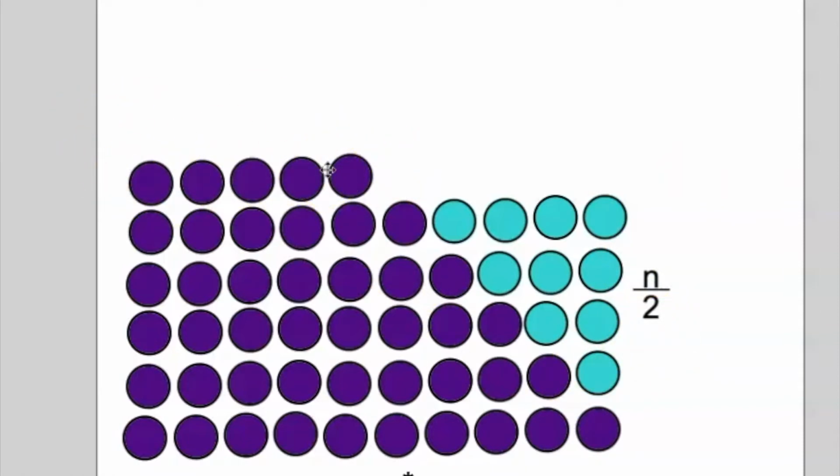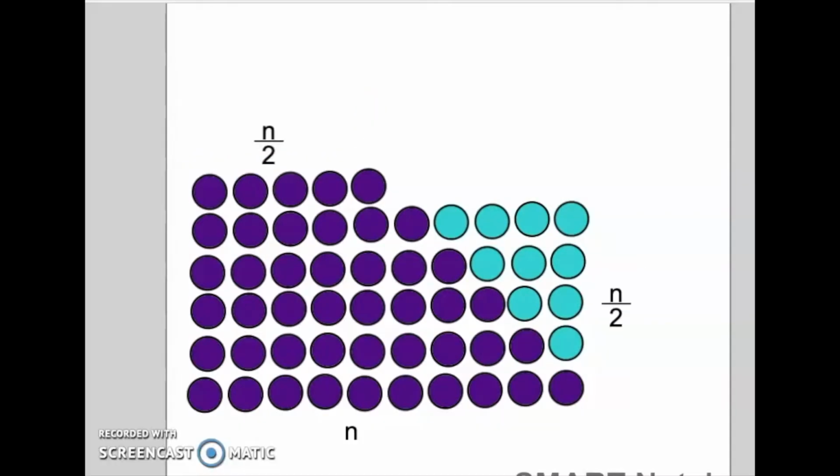People were talking about, I didn't know what to do with this piece that was left over. Well, we just add it, right? So now we can begin to see our expression. The bottom row, n, times the columns, n over 2, then plus another n over 2.